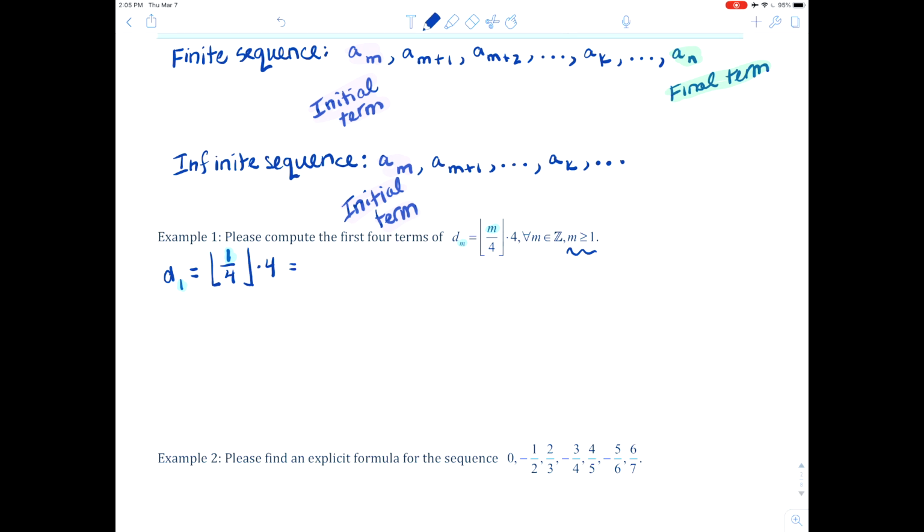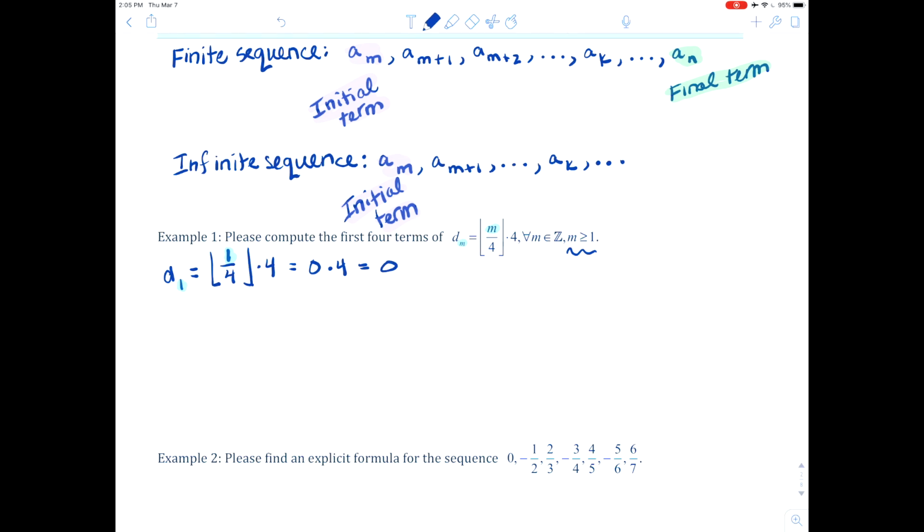Remember, that's equivalent to the greatest integer function, right? Evaluated at a quarter. So the greatest integer function is saying, hey, what's the greatest integer that you've attained? So a quarter is between 0 and 1, right? And so the greatest integer attained is 0, right? So then we would get 0 times 4, which is 0.